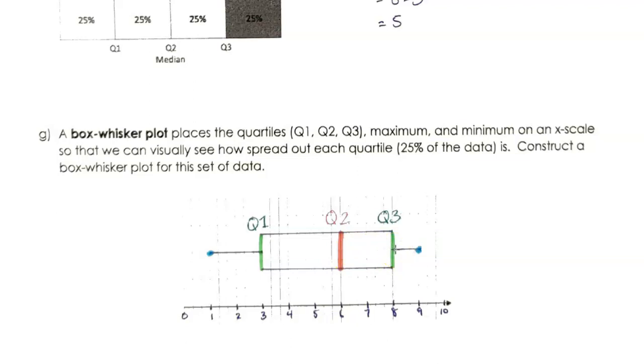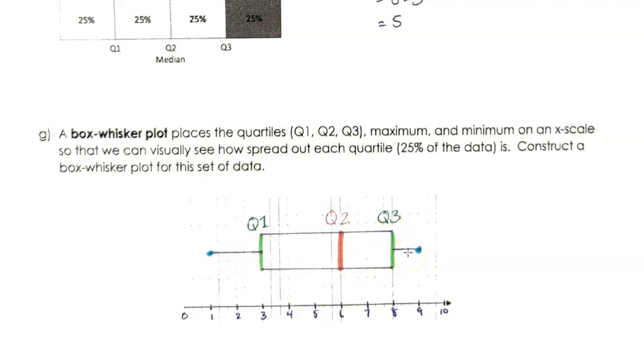Now, on each of those 3 dots, you just extend the line up and down because you're going to be drawing your box now. So extend the line the same length, and then enclose those and make a box. That's why they call it a box and whisker plot.